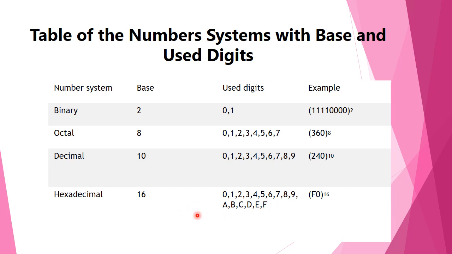The total number of digits here is 16, so we take the base of the hexadecimal number as 16. Example: F0. This is an example of a hexadecimal number.